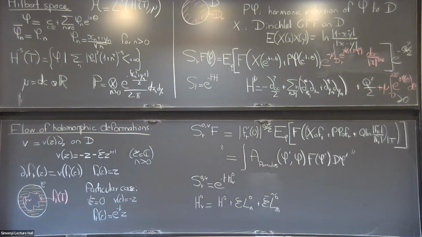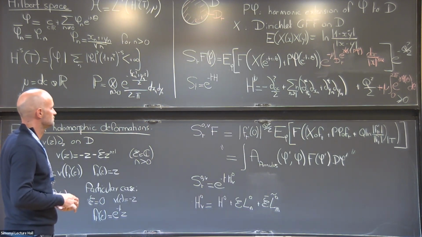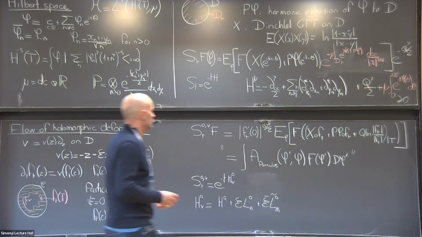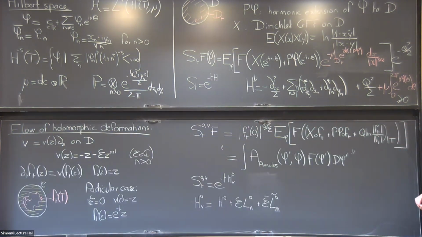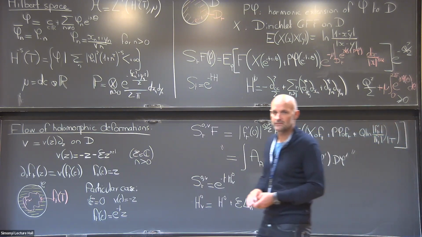So before you put in this mu, you had a Q. This Q here? Yes. What were we computing then? Because it wasn't a free field, there's this Q parameter. It's called the Q free field.